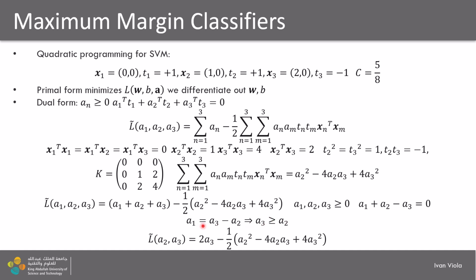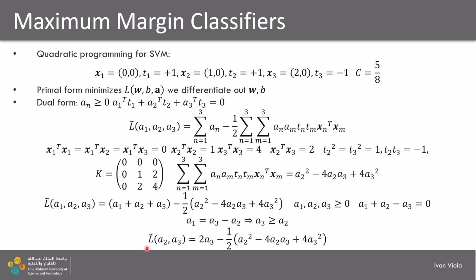So that's another constraint. Now we can express a1 by the formula a3 minus a2 and put it into our overall formula. We will find out that a1 will be replaced by a3 minus a2, so the a2 will be removed, and instead of 1 a3 we will have 2 a3.